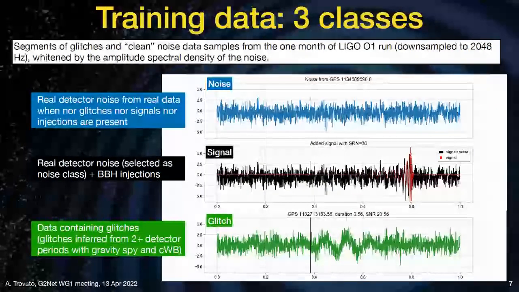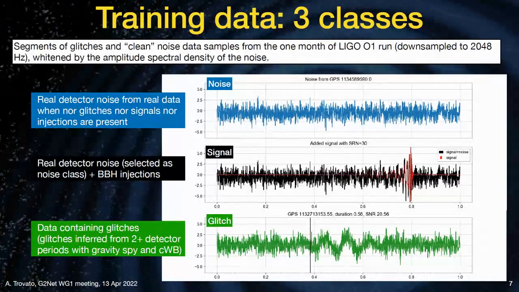Even if it's true that in general, for the next observing run, we always try to have coincidence time, it's not obvious that we will always be able to do that. So we decided, instead of using the typical approach of noise against signal, to use 3 classes in our classification.